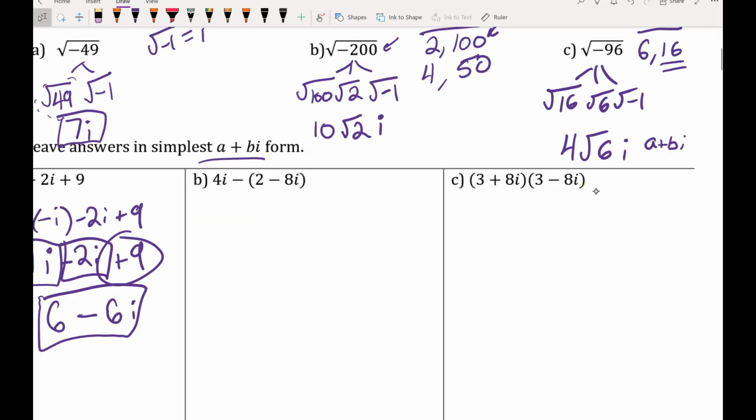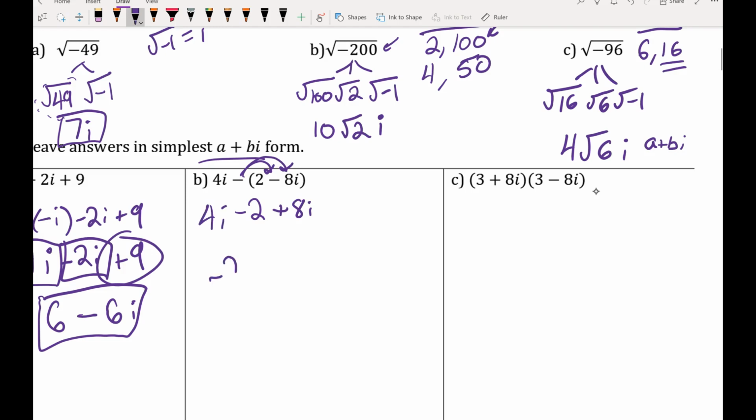For part B, notice that I'm subtracting now instead of adding, and when I have parentheses with a subtraction sign in front of it, I need to distribute that negative to both of my terms. So it's like I'm subtracting the 2 and I'm subtracting the negative 8i, so that becomes positive 8i.